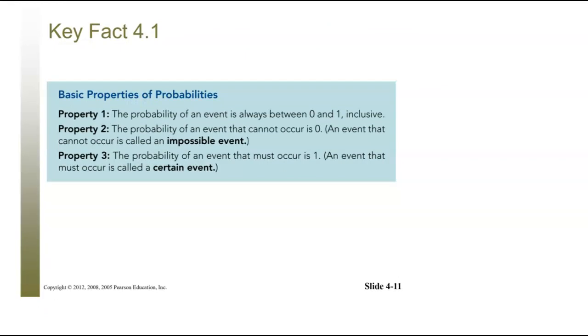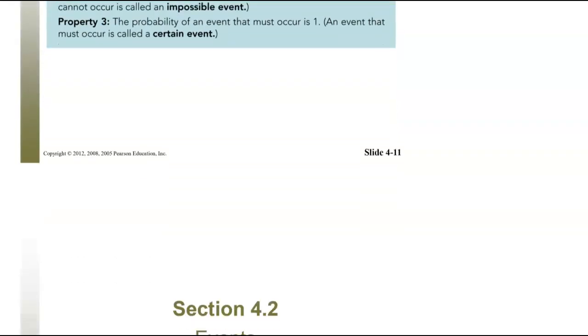So let's just recap some of these basics. The probability of an event is always between 0 and 1. It could be 0 if that event simply can't occur, like rolling a 7 when you roll 1 die. Or if the event must occur no matter what, in other words, getting a number between 1 and 6 inclusively, that's called a certain event, and that must occur.